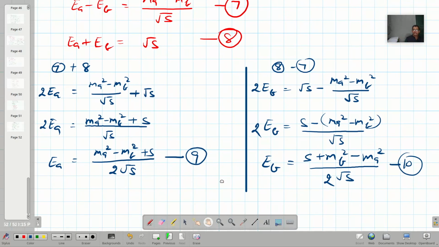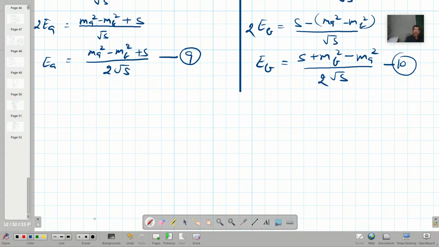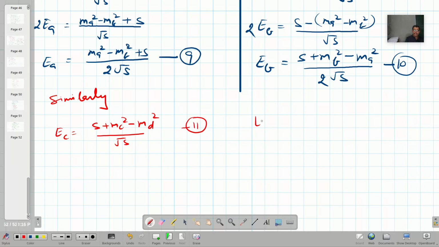Similarly, we can find out EC is equal to S plus MC square minus MD square over root S, and ED can be written as S plus MD square minus MC square divided by twice of root S. So 2 will also be there.